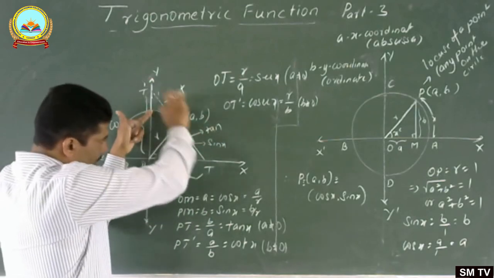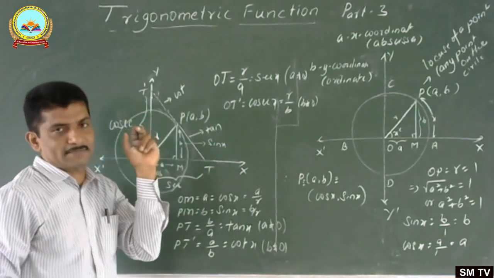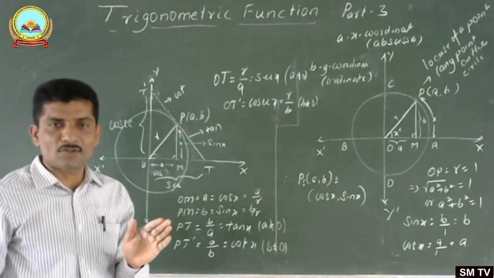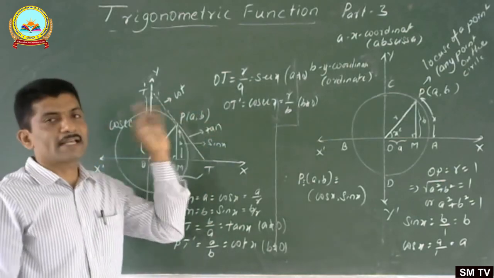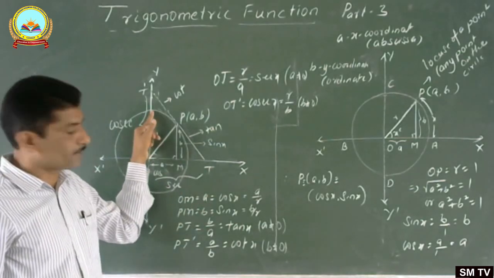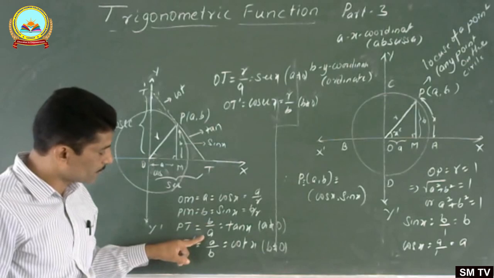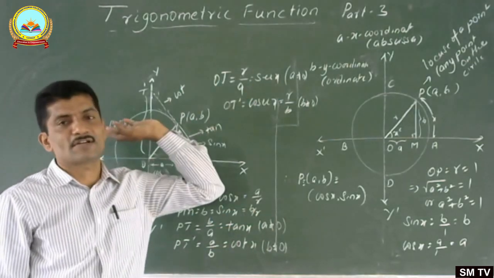At this point the tangent does not intersect the x-axis. Here secant x is not defined, cot x is not defined. Therefore, remember, tan is not defined when cos x is equal to 0. Cos x equal to 0 means a equal to 0, so tan is not defined. When a is equal to 0, secant x is not defined.